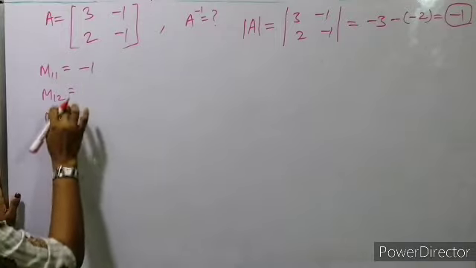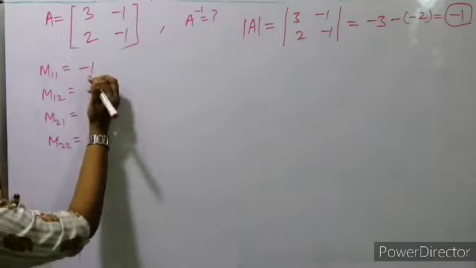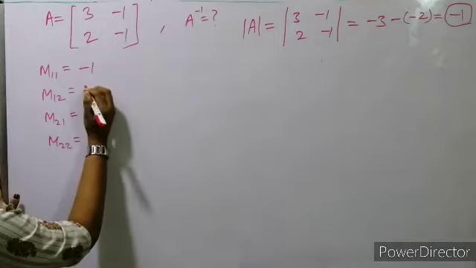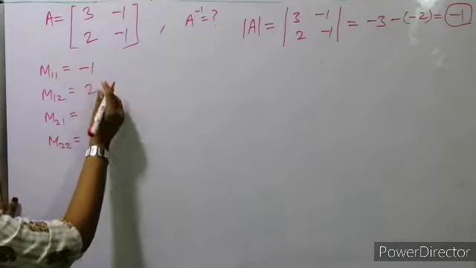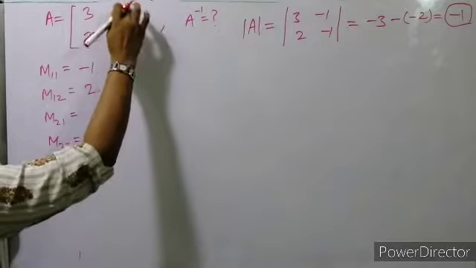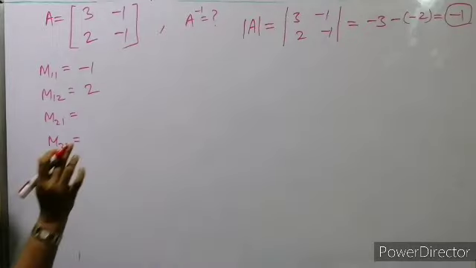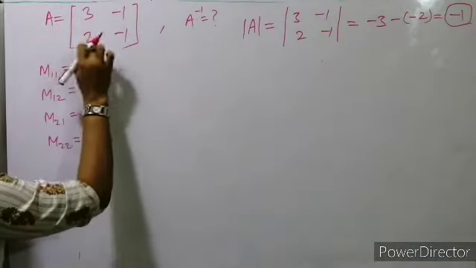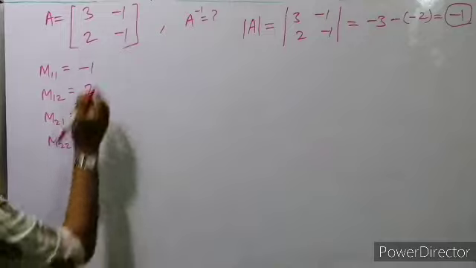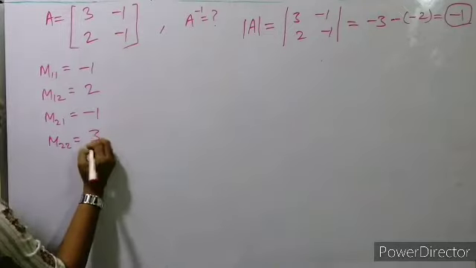For the first row and second column hidden, what is left behind is 2. The element is this value, and we take just the diagonally opposite element, in the case of a 2 by 2. So for this value the diagonally opposite is minus 1, and for this value the diagonally opposite is 3.